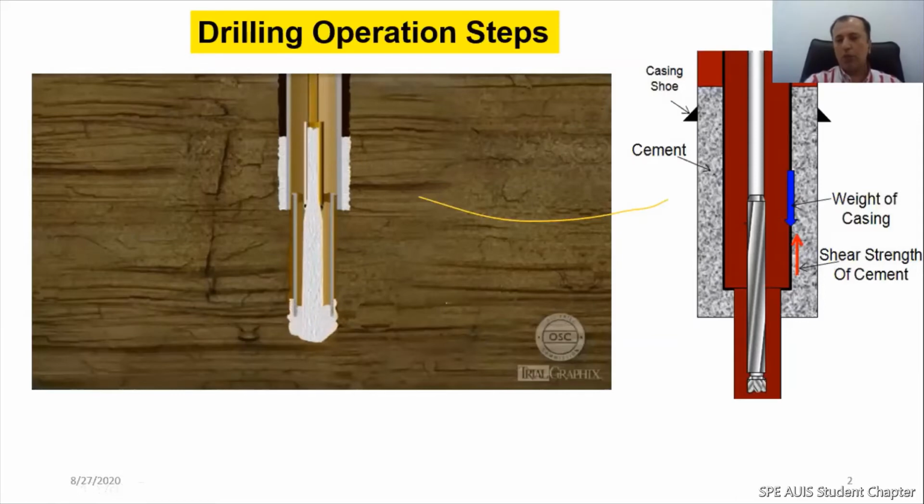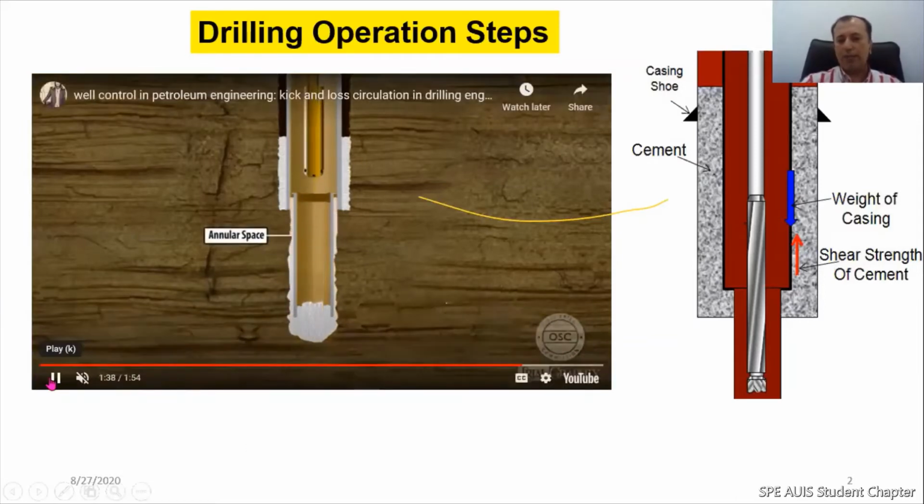We push the cement in the liquid phase, cement slurry, down to fill up all the gaps between the steel casing and the formation.